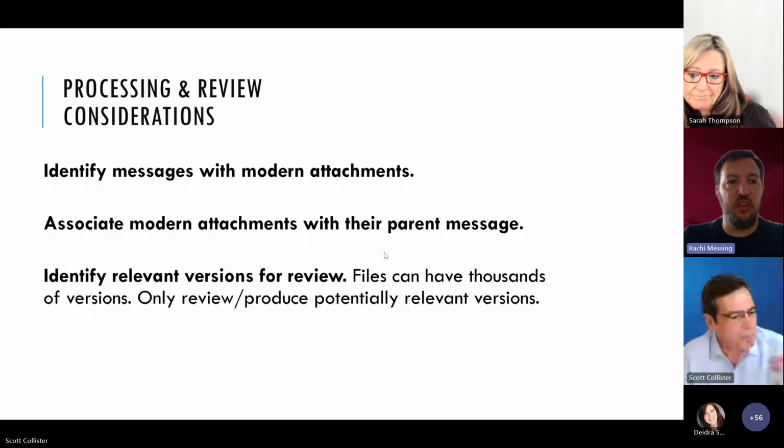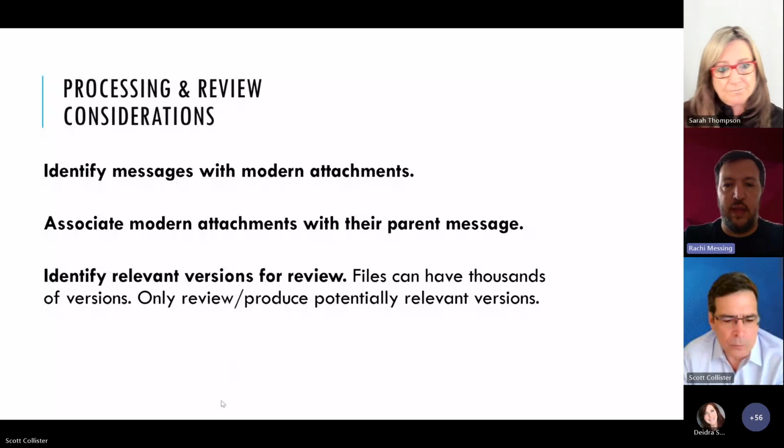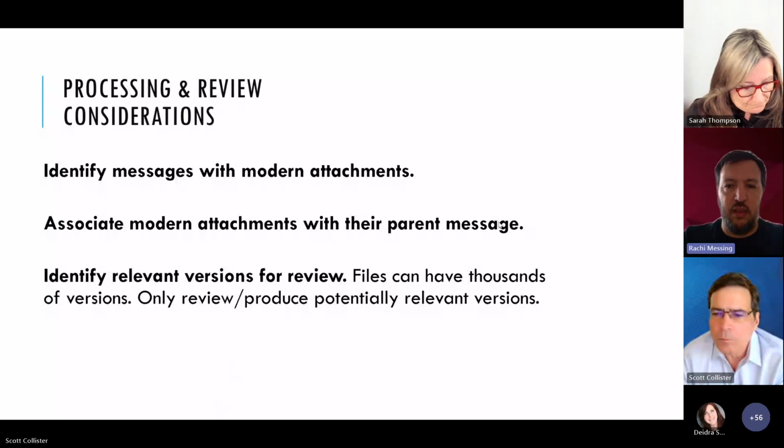I might actually collect the modern attachments, but does the processing tool post collection know that they're associated with one another, that the file that was here on OneDrive is that file that was referenced in the email? Some tools, yes, some tools no, and that's one of the big questions that can impact exactly how it's processed and how it's reviewed.